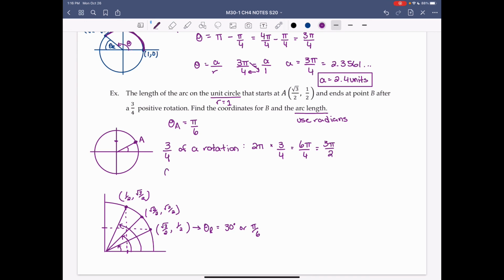Then to get theta B, we start at theta A, pi over 6, and we add 3/4 of a rotation, which is our 3 pi over 2.